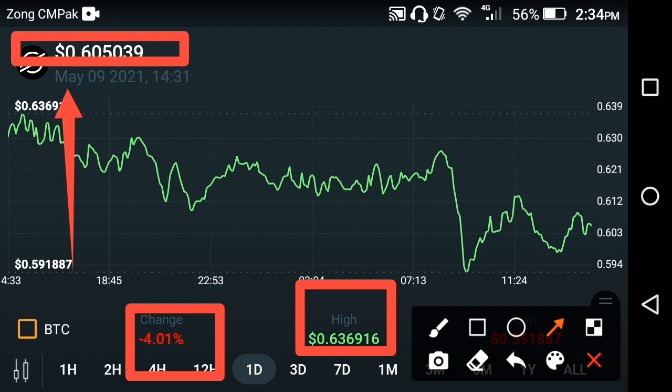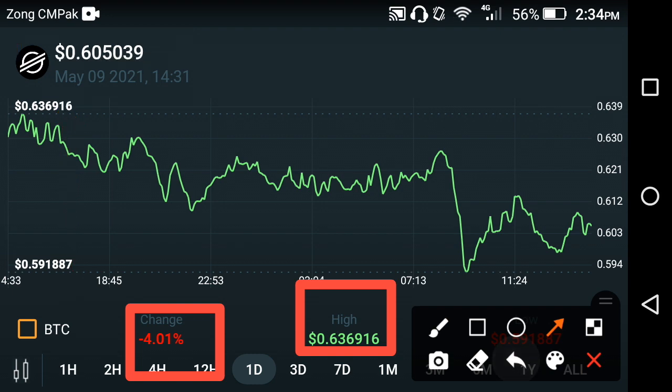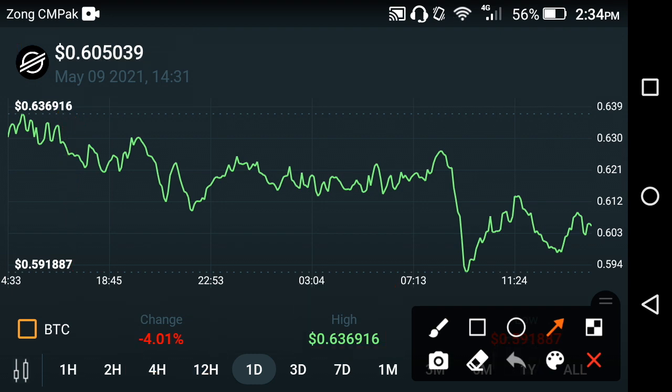So what's the next move of the Stellar XLM? What's my prediction? As you can see here on the screen, if we do technical analysis and follow the common phenomena of the cryptocurrencies, I think that at this time a very bad fall occurred in the Stellar XLM. As you can see here, that is the biggest and a very fast fall in the Stellar XLM.